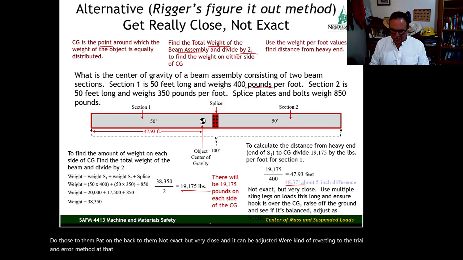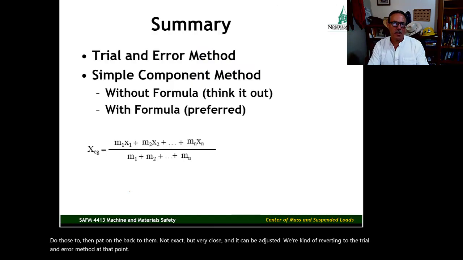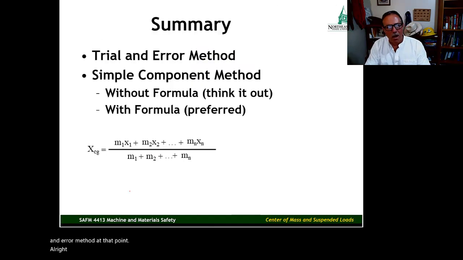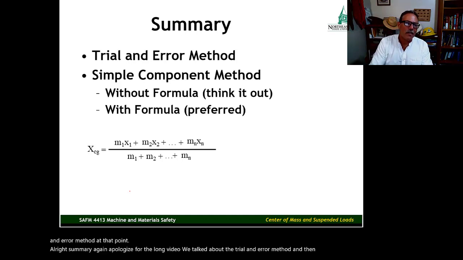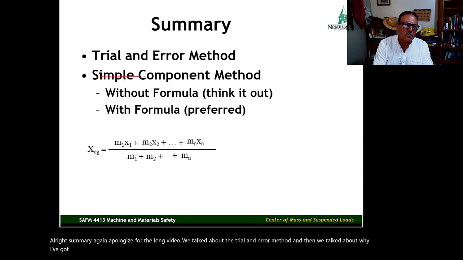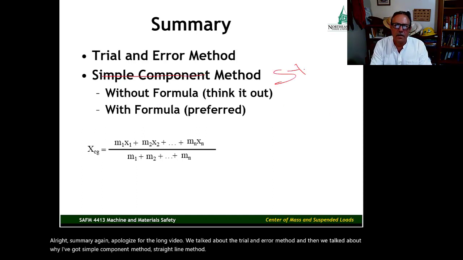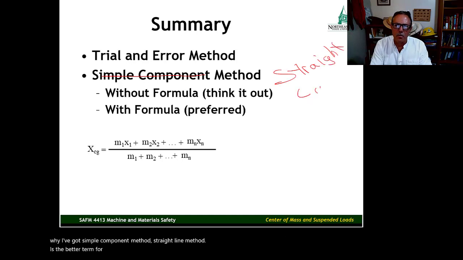All right, summary. Again, I apologize for the long video. We talked about the trial and error method, and then we talked about the simple component method. Straight line method is the better term for that. You'll hear it called the simple component method also. So, trial and error method, the straight line method.